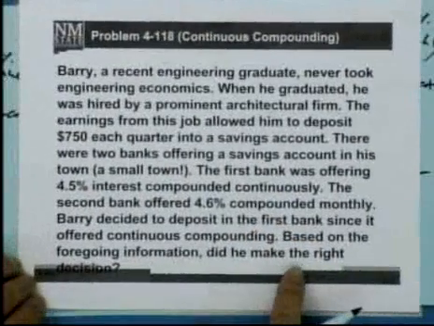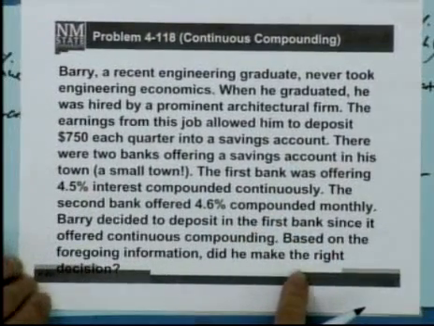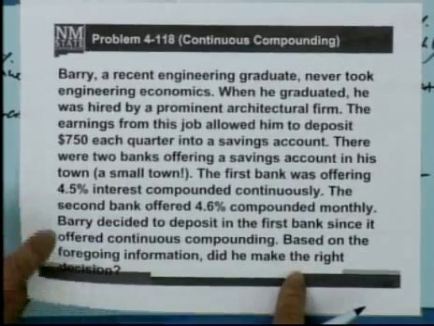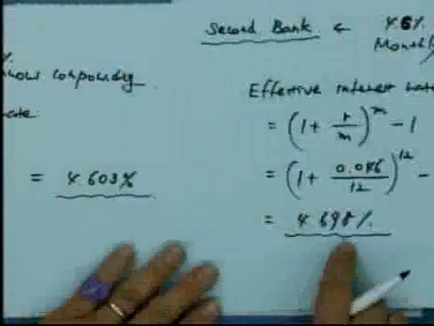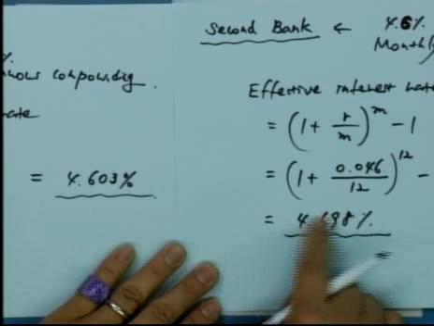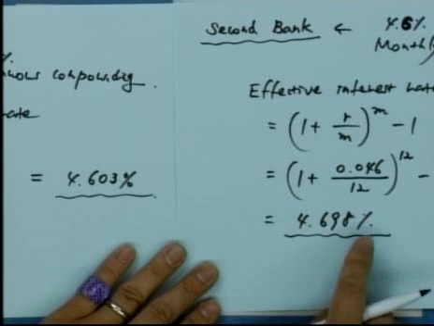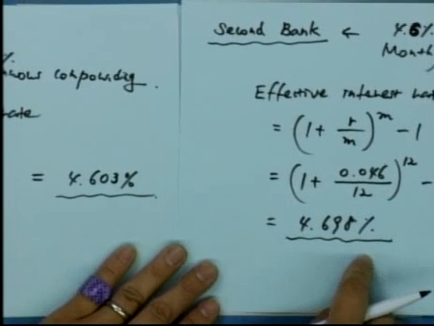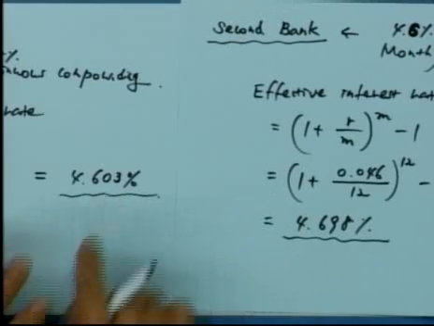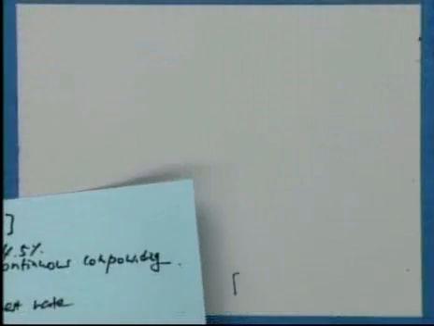Did Barry make the right decision? No. Barry should have selected the second bank because their interest rate is higher than the one in the first bank. So Barry made a wrong decision, right?